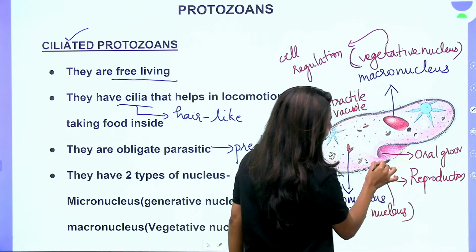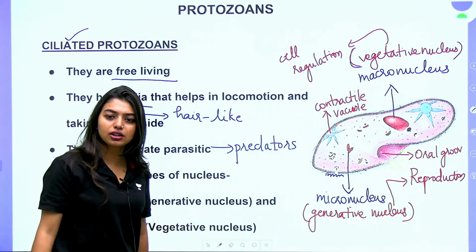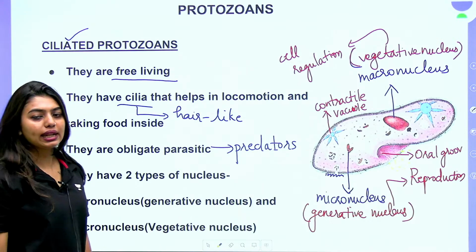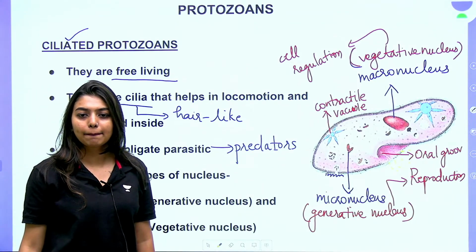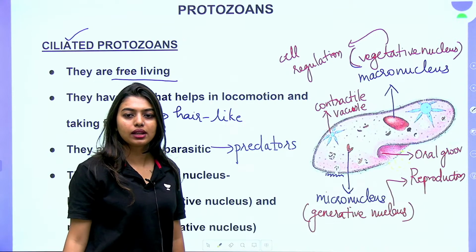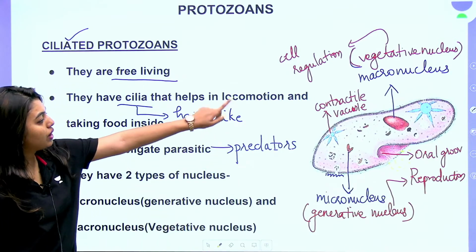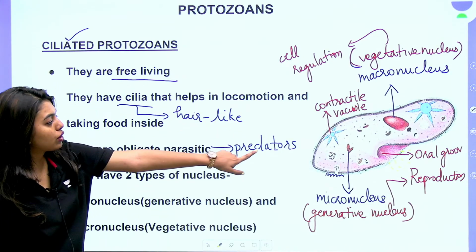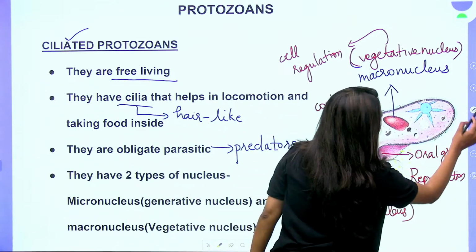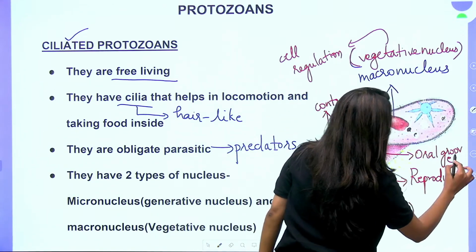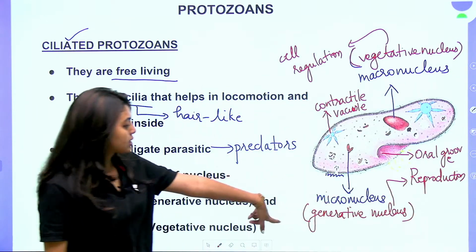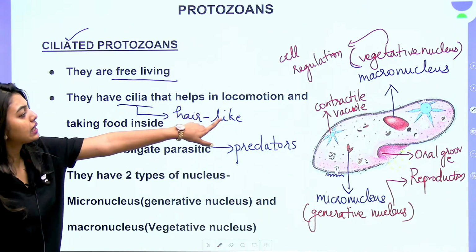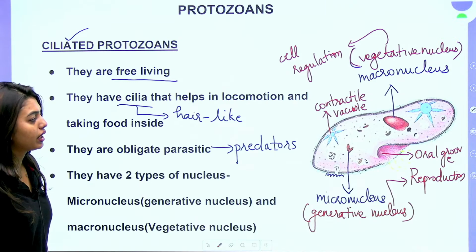You can also call this the gullet, G-U-L-E-T, gullet, okay. Got it? Now, look here, contractile vacuole, oral groove, okay. This micronucleus, macronucleus, and we have contractile vacuole, okay, got it?